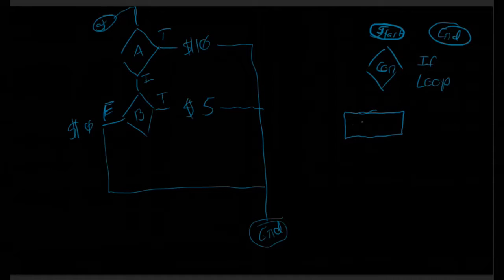Usually it's just a block like this, and this is doing a process. And then our inputs and outputs are usually, is this called a rhombus? We'll just do I/O. We have I/O for input and output, and I think that was it.